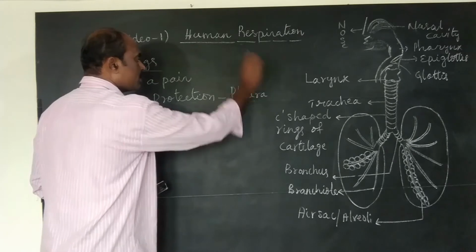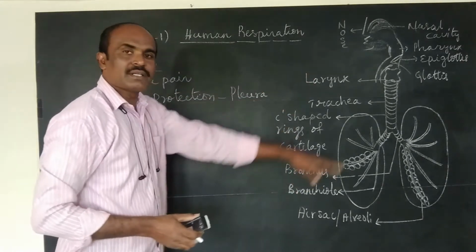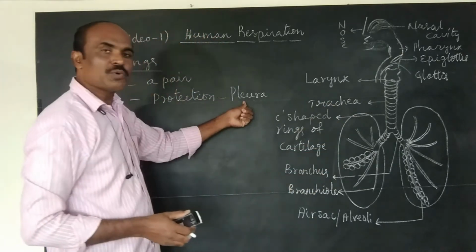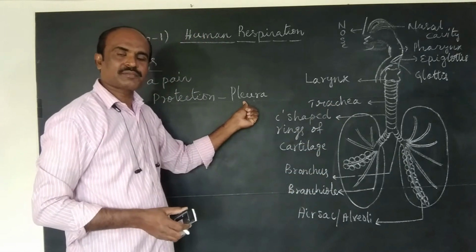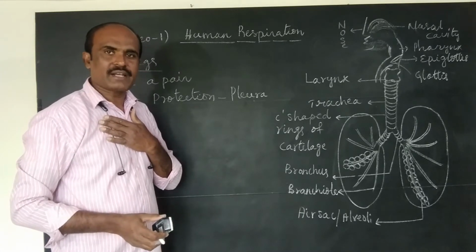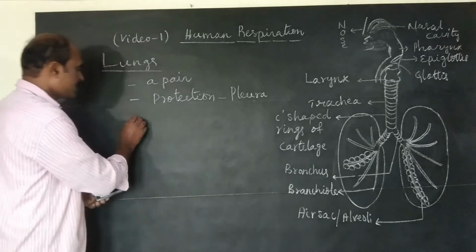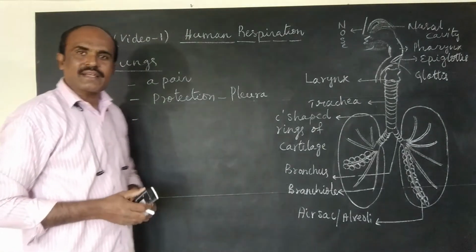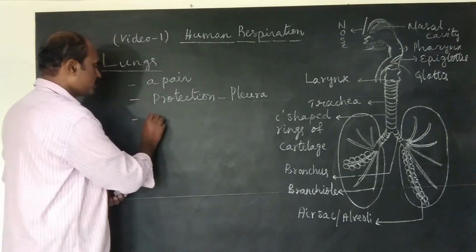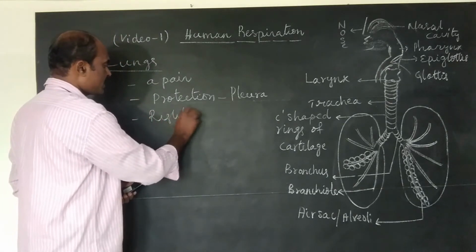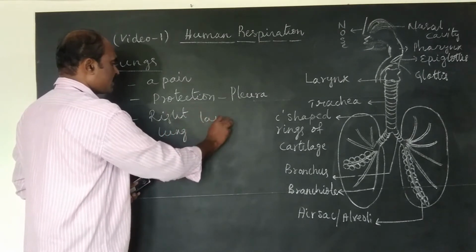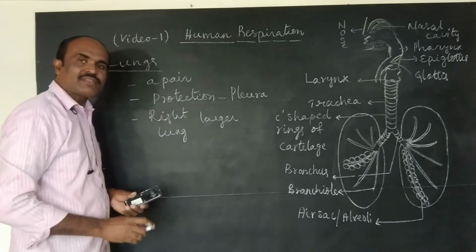Around the lungs, there is a double-walled layer called pleura which protects the lungs. And there are also ribs protecting the lungs. Then, the right lung has 3 lobes, the left lung has 2 lobes. So, the right lung is larger. The left lung is smaller.